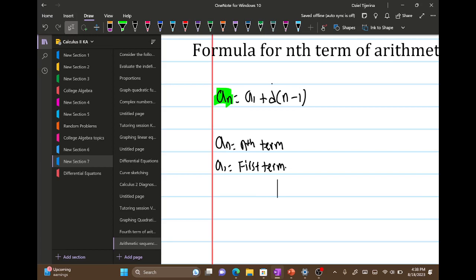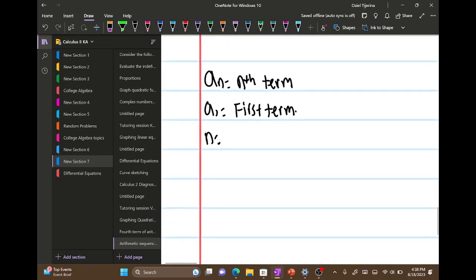If I talk about, for example, the first 5 terms, I know that A sub n is my nth term, but n is really what value of n I am starting with. I don't know how else to explain that.